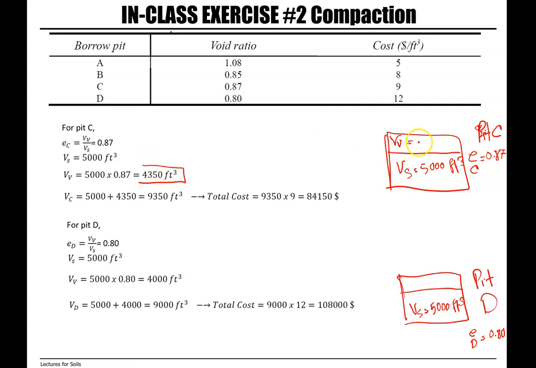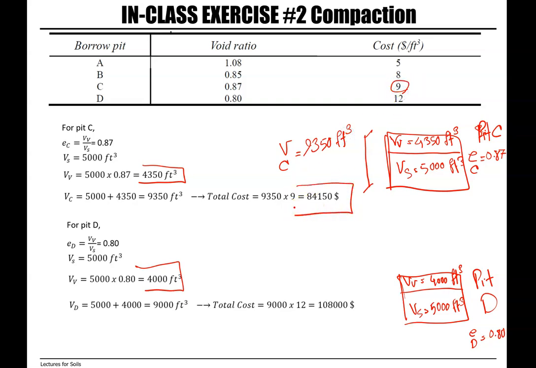Here it's going to be 4,350 cubic feet, and here it will be 4,000 cubic feet. So we have a total volume from pit C of 9,350 cubic feet. Cost is $9. And then total volume of D is 9,000 cubic feet.